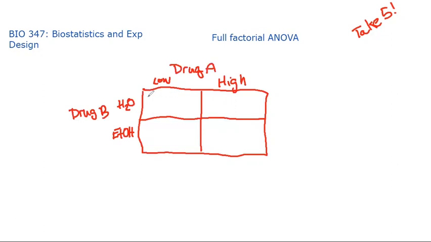So, for example, we'll have a cohort that gets low dose plus the drug dissolved in water, a high dose plus the drug dissolved in water, another cohort with low dose and drug B dissolved in ethanol, and another cohort where they get a high dose and the drug dissolved in ethanol.